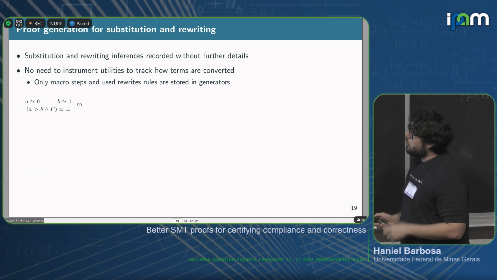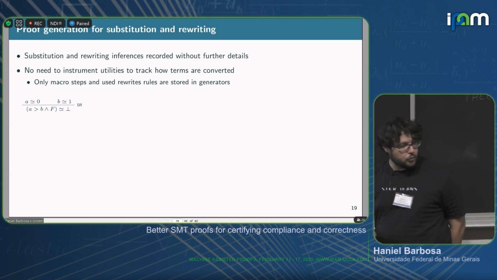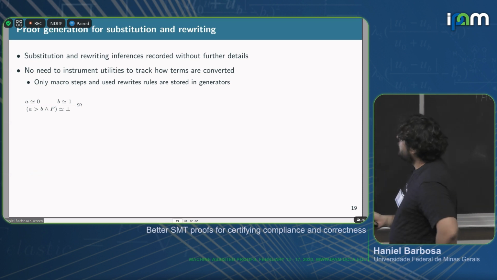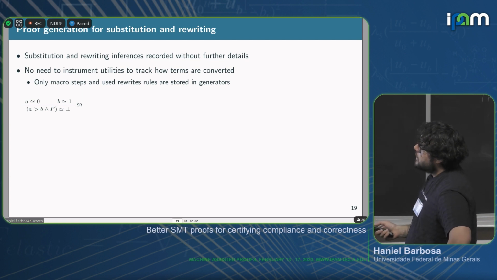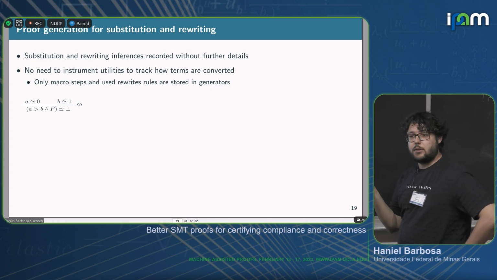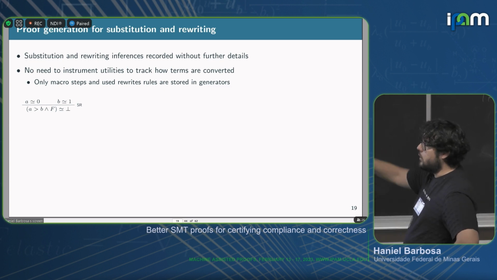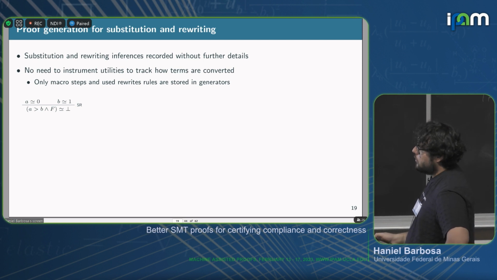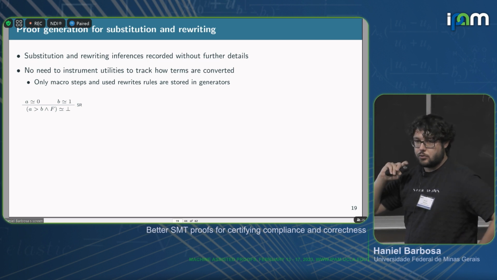So to give an example, one thing that's very important is for substitution and rewriting. We do have a rule that is very expressive, which combines both substitution and rewriting. So as we are solving the problem, we just use this rule. So you'll see that this equality holds because if I substitute A and B by these values, then this becomes equal to false due to arithmetic and propositional reasoning.